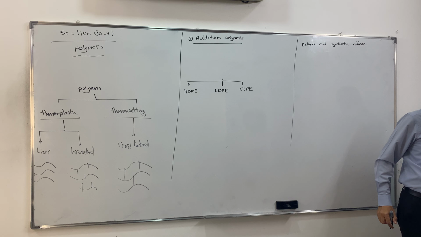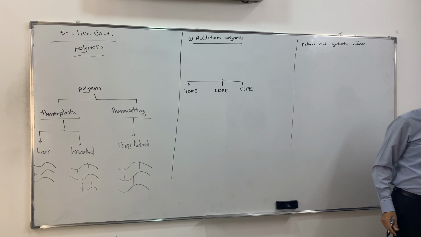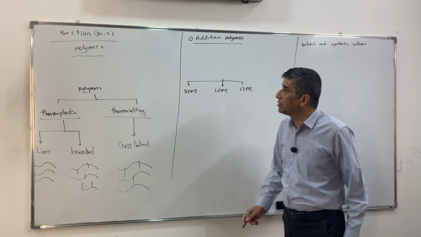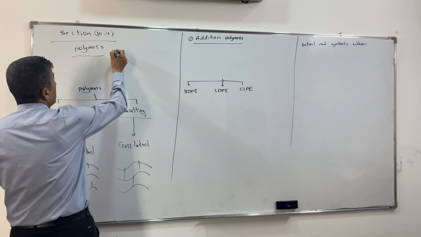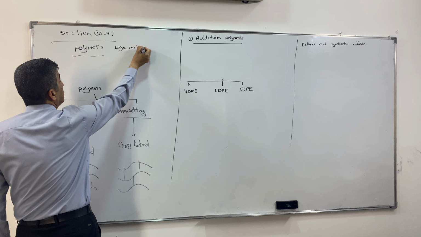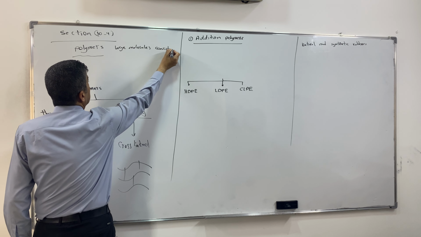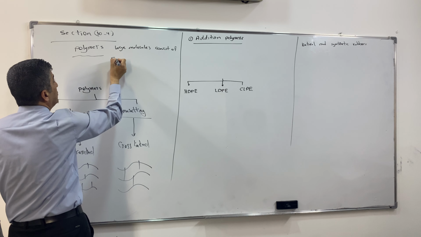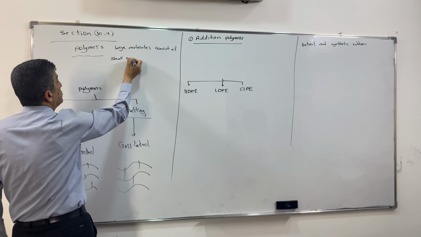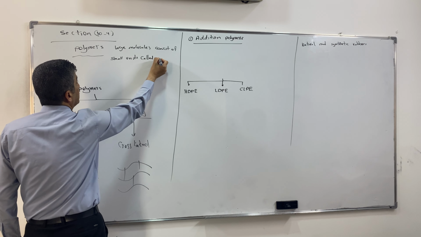Today we have section 10.4, polymers. In this section, polymers are very important molecules in our life. The polymers are large molecules consisting of small units called monomers.